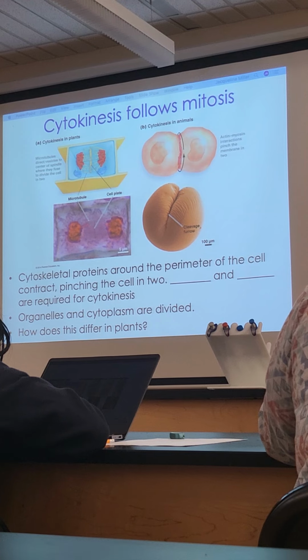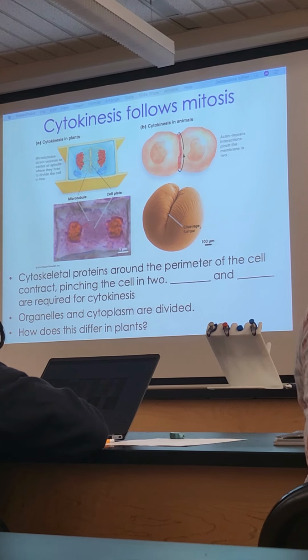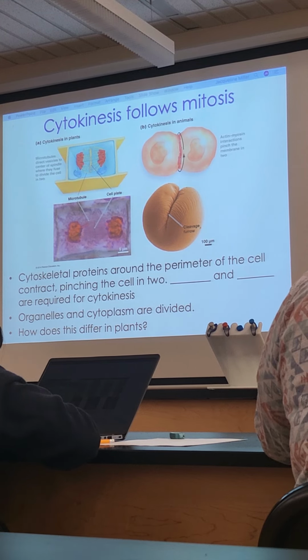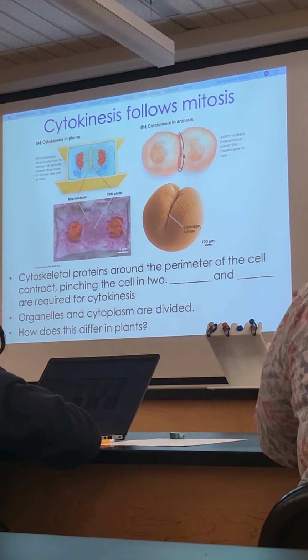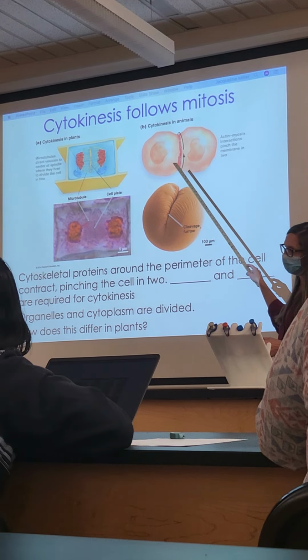The organelles in the cytoplasm are randomly divided, which means that about half the mitochondria, half of the peroxisomes, all of those different organelles have to be divided. And then finally, you pinch off into 2 complete cells for animal cells.